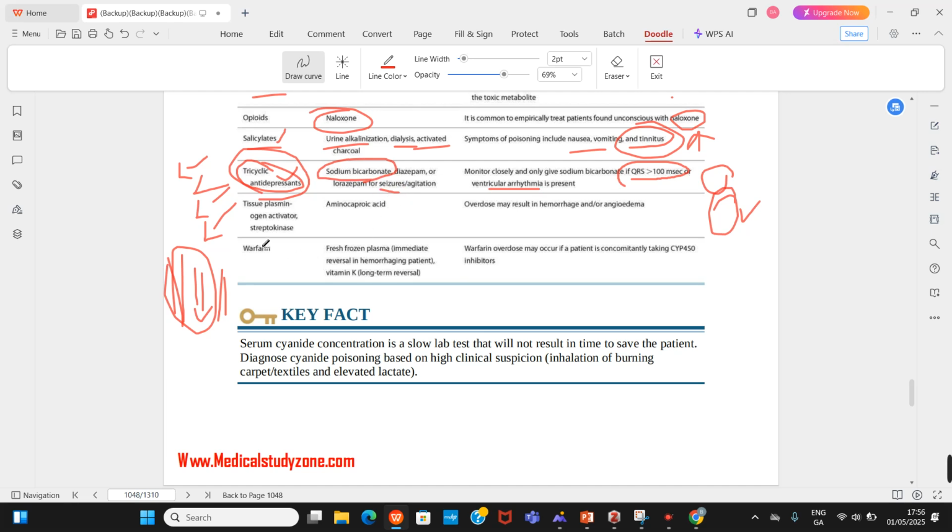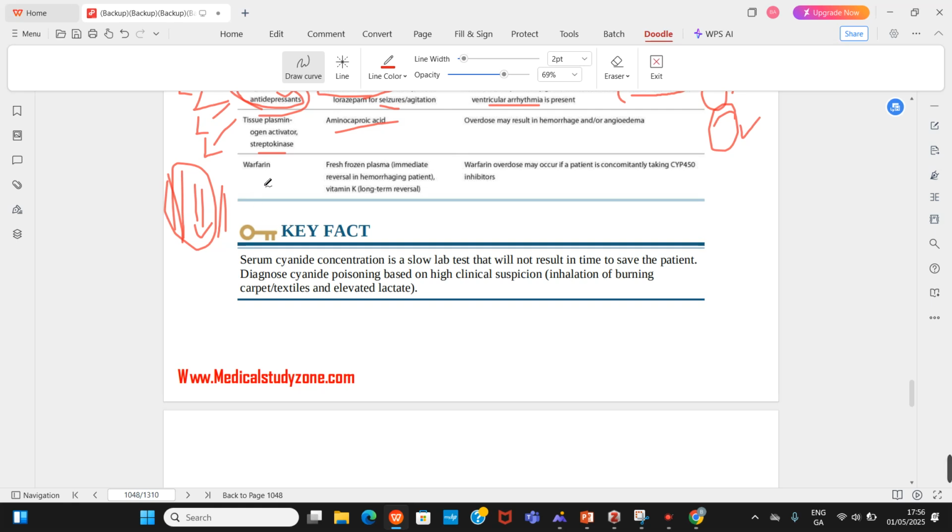So people with streptokinase toxicity, give them aminocaproic acid to prevent the bleeding, because there's going to be too much bleeding. So tranexamic acid or aminocaproic acid. For warfarin toxicity, just give them fresh frozen plasma for immediate reversal. In fact, if you have PCC, that's the best.